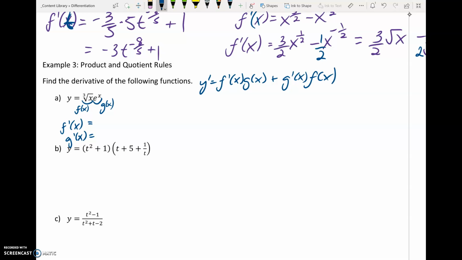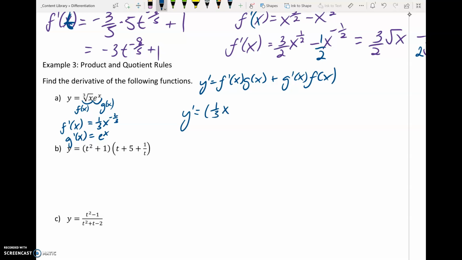So the derivative of f is going to be 1/3 x to the power of negative 2 over 3 by using our power rule. The cube root of x is the same thing as saying x to the power of 1/3. We'd bring the 1/3 to the front and subtract 1 from the exponent. The derivative of e to the x is still e to the x. Now we're going to put it all together in this order. f prime of x we found.